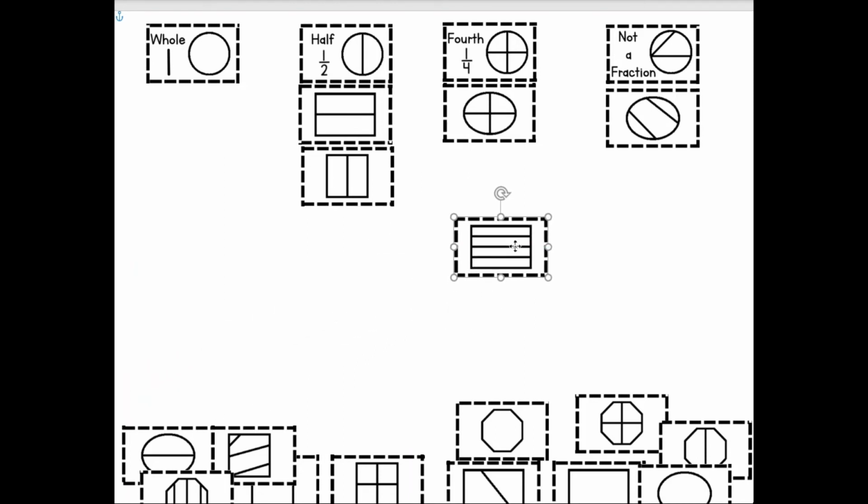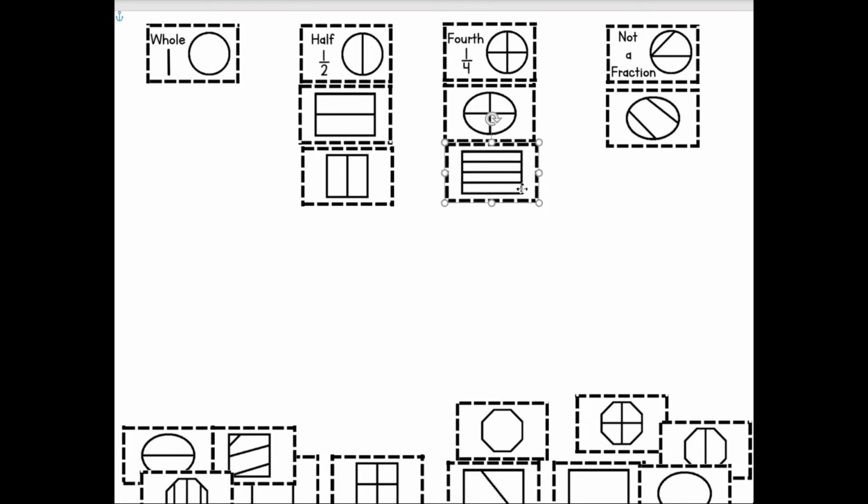All right. This is showing 1, 2, 3, 4 pieces. They're cut across a long way, but they do look equal. So this is showing you fourths. So I am going to put it here. Now you may notice it does not look the same as your other fourths.